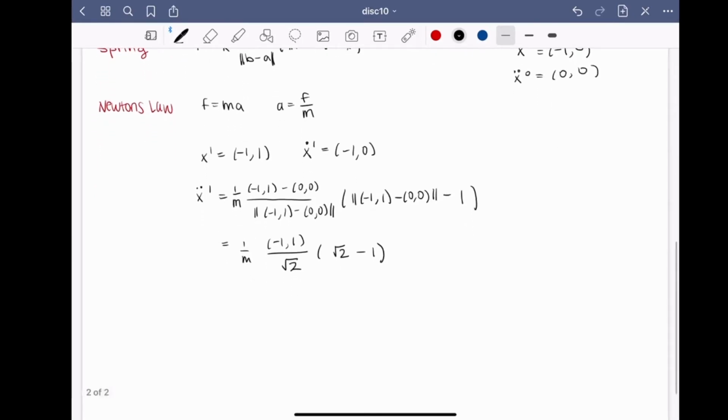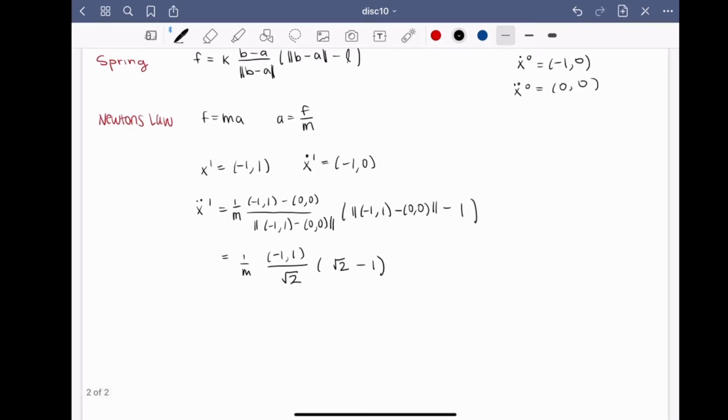Okay, so then we can just simplify this a bit more. So we'll have for our x negative 1 over root 2 times root 2 minus 1. And then our y, 1 over root 2 times root 2 minus 1.